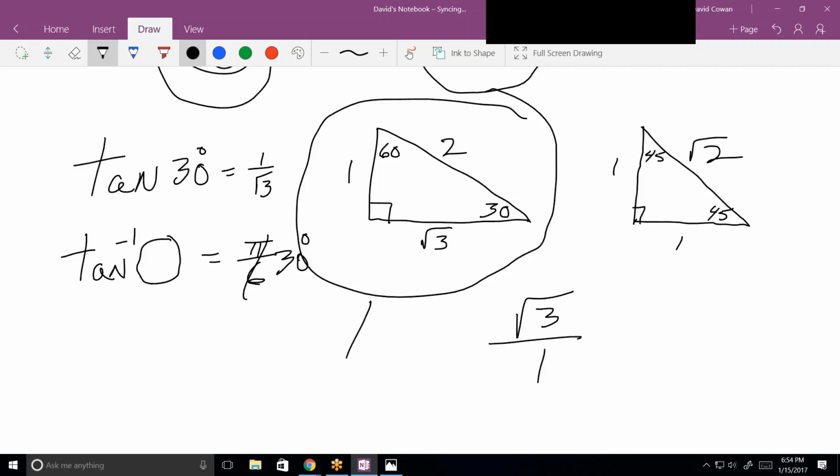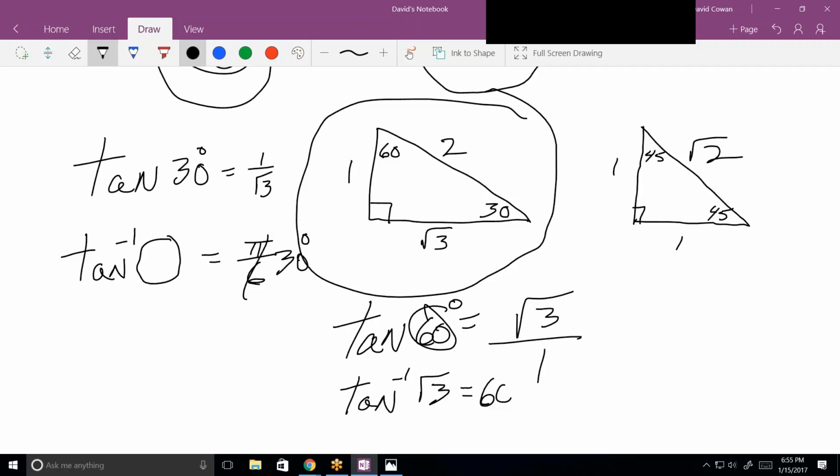So the tangent of what angle equals square root of 3 over 1, by looking at the triangle? Negative 30. No, 60. The tangent of 60 degrees is what? Opposite over adjacent, so it's square root of 3 over 1. So what would go into this would be 60 degrees, which means the inverse tan of square root of 3 has to be 60 degrees.